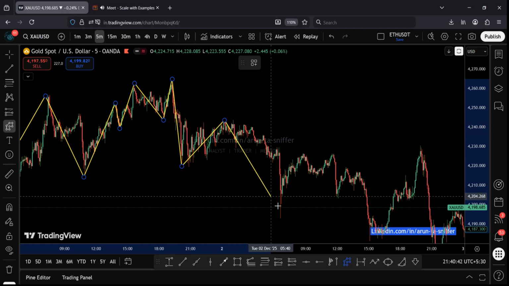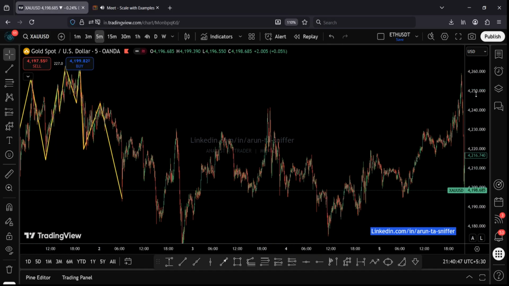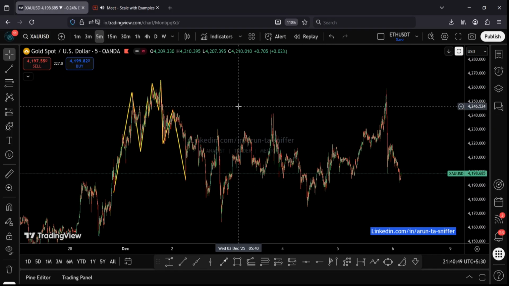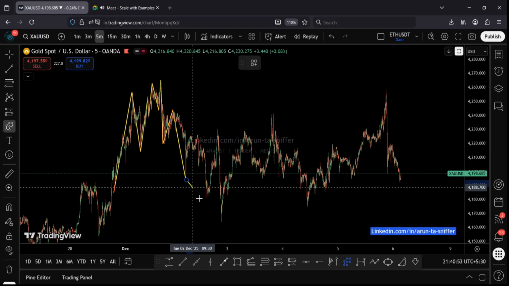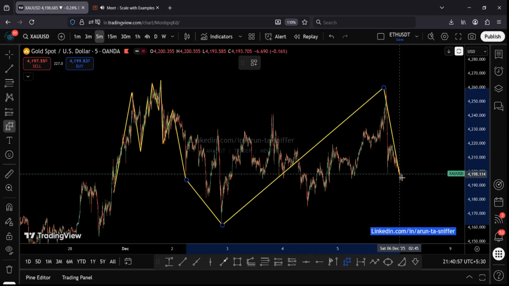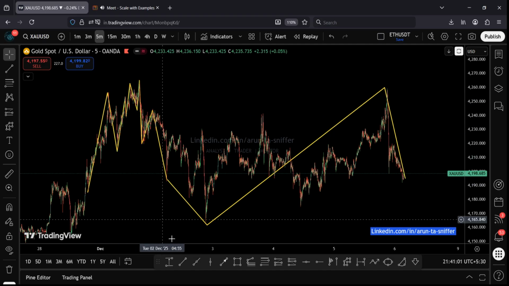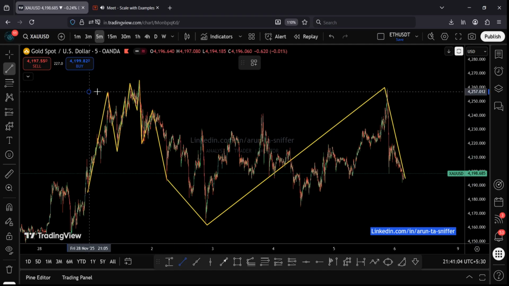Goes up, comes down, and to show the structure, I'm ignoring some pullbacks here. Came till here and then goes up and then reacted. Look at this scale.